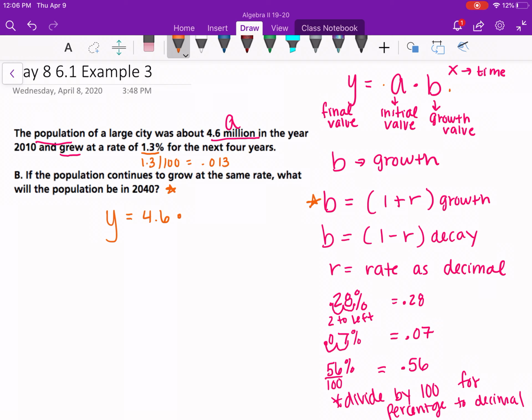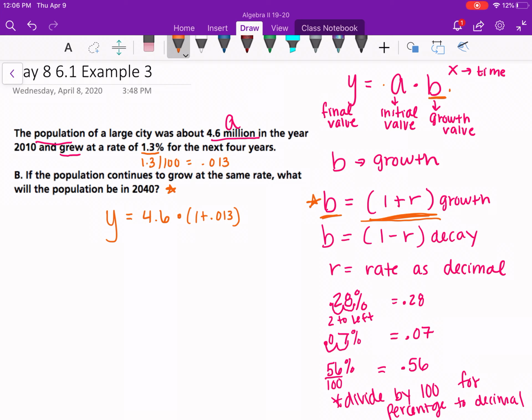Times, now instead of writing B, I'm going to write 1 plus r because that's my growth value. So anywhere that I see B, I can rewrite this as 1 plus r or 1 minus r instead. So I'm going to say 1 plus 0.013.